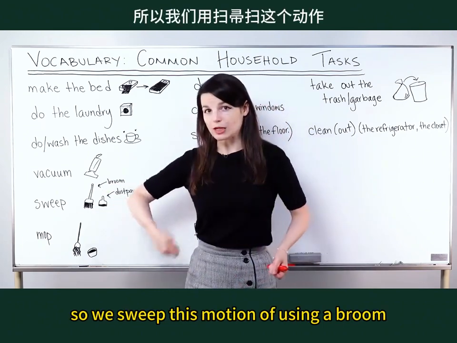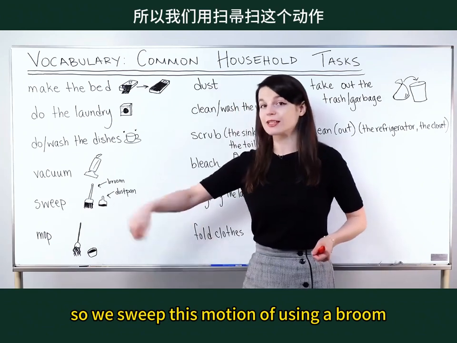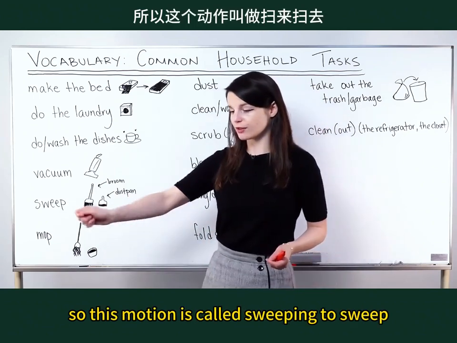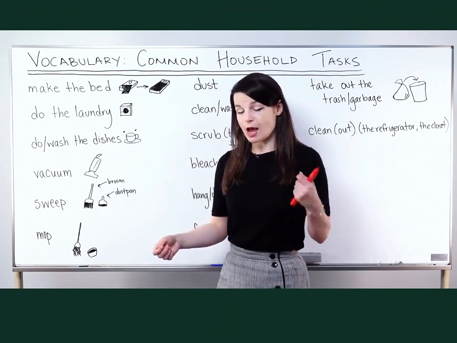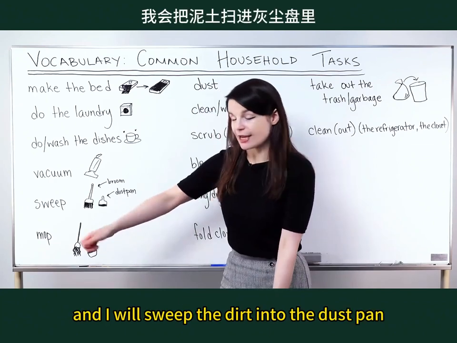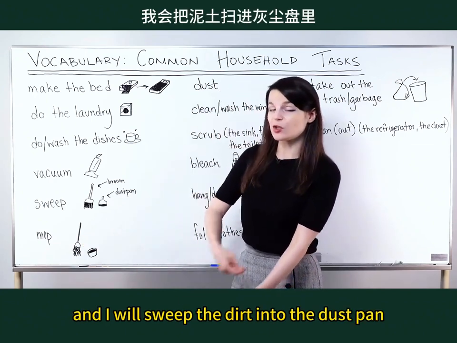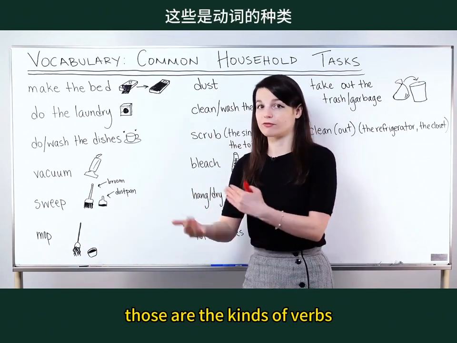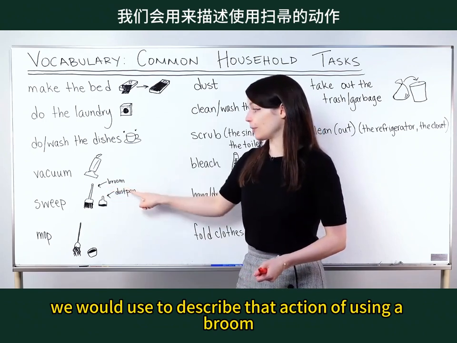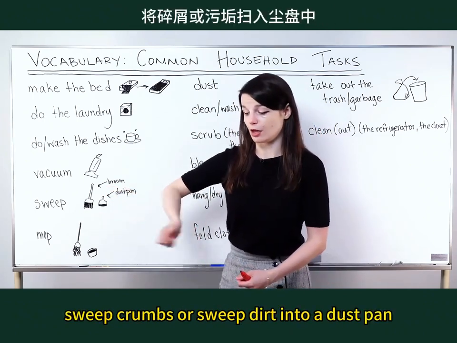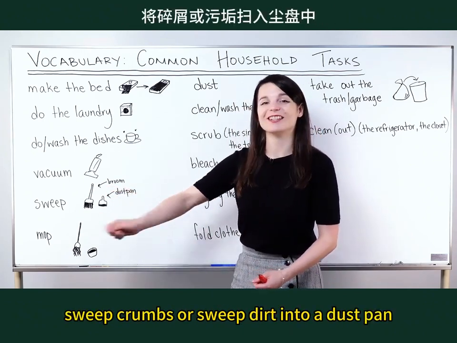This motion of using a broom is called sweeping, to sweep. I'm going to sweep my floors. I will use a dustpan and I will sweep the dirt into the dustpan. Those are the kinds of verbs we would use to describe that action of using a broom and dustpan together. Sweep crumbs or sweep dirt into a dustpan.